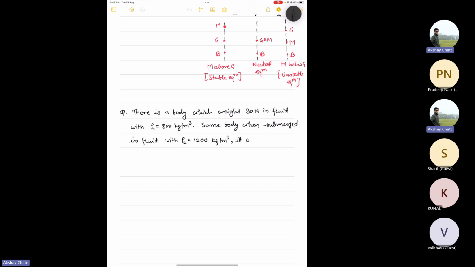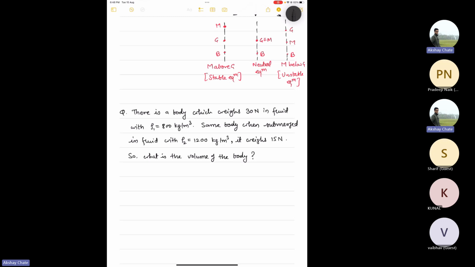It weighs 15 newtons. So what is the volume of the body? So this is also a very typical question.